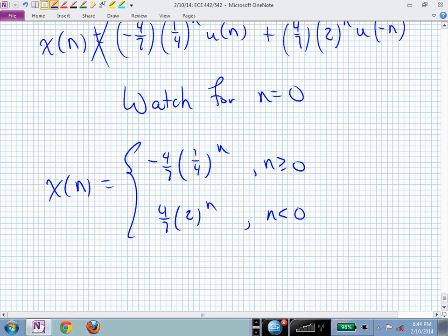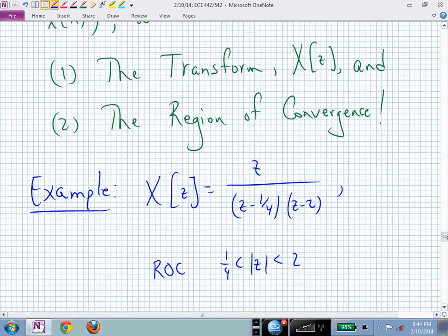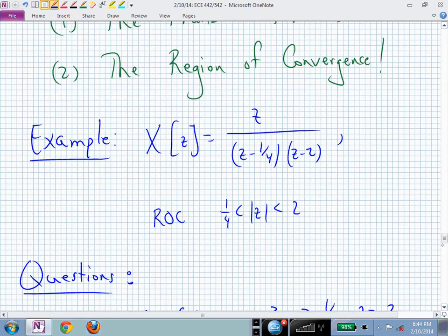Yes, so the region of convergence I specified at the very beginning because I wanted to obtain a unique little x of n. And if somebody gave you a different region of convergence, if they now said your region of convergence is exterior to 2, what do you know about little x of n? What's its structure?